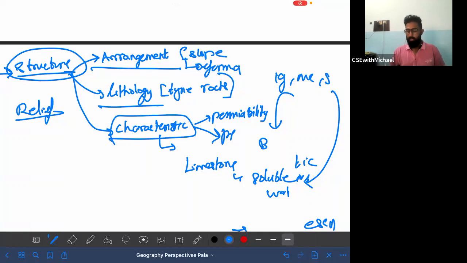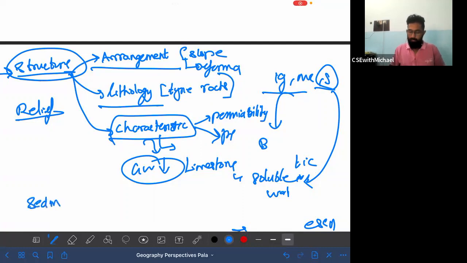For example, if you look at it, generally the groundwater table is low in peninsular India. Why? Because it is mostly igneous rocks which have low permeability. But at the same time, in some regions of the peninsula, you will get a good amount of groundwater. Obviously, those will be the regions of sedimentary rocks. Sedimentary rocks are permeable.